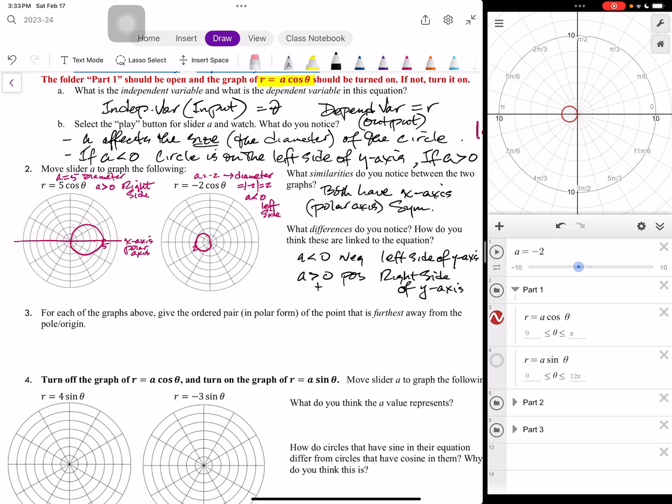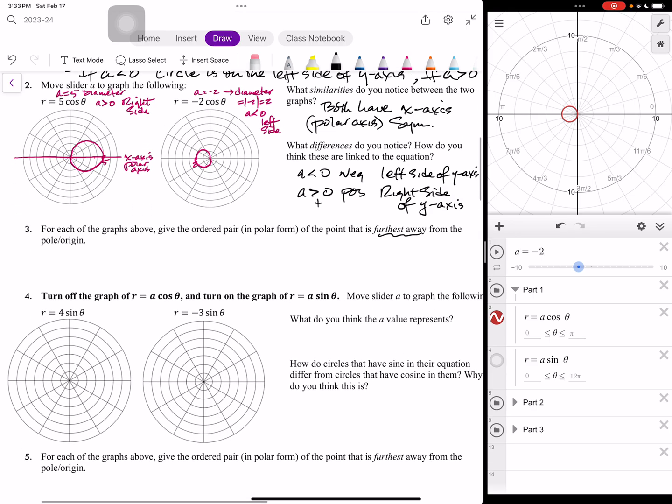Now, number 3 says, for each of the graphs above, give the ordered pair in polar form of the point that is furthest away from the pole or the origin. So we have to figure out, when is it furthest away? That's when cosine reaches its max.